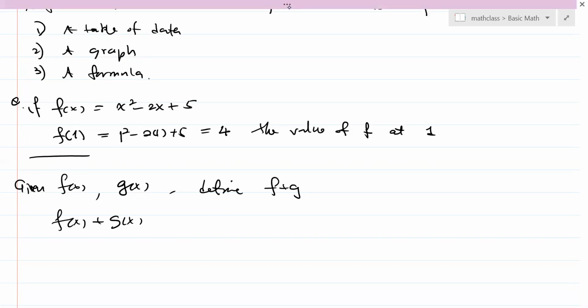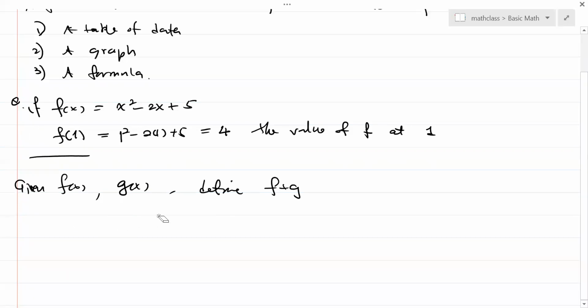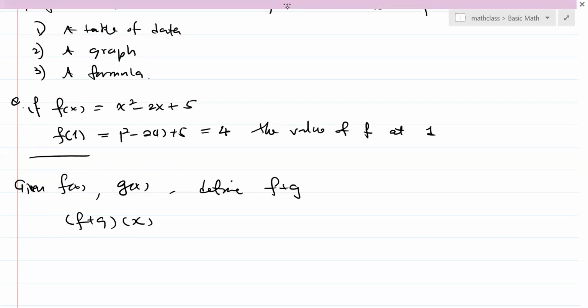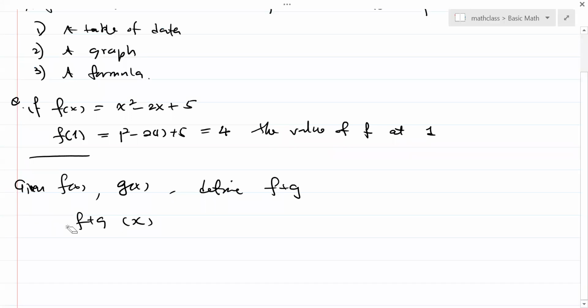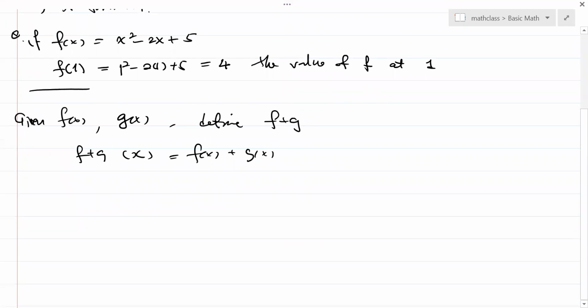It is defined by, and I use this notation, with parentheses, otherwise it may be confusing: (f plus g) of x is defined to be f of x plus g of x. That's the definition of f plus g, which sounds natural.